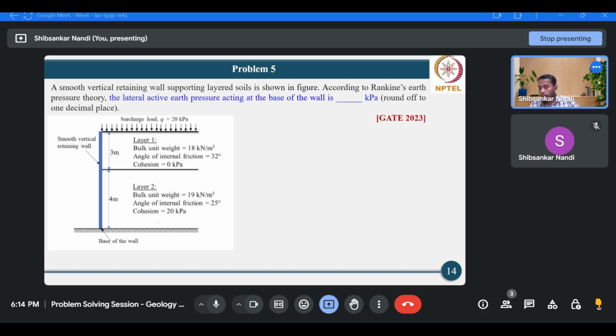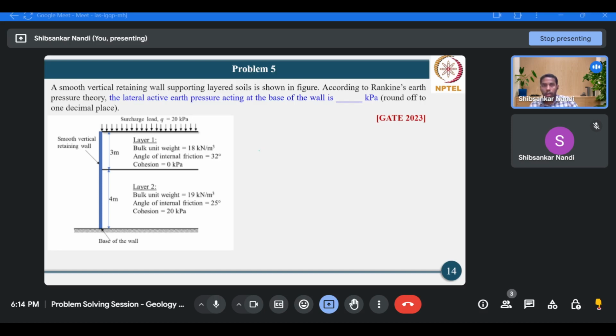But that will basically take lots of time. However, to save time, we can directly start from the base of the wall. How? So we'll see.